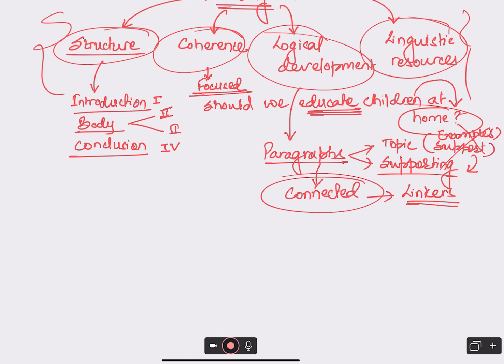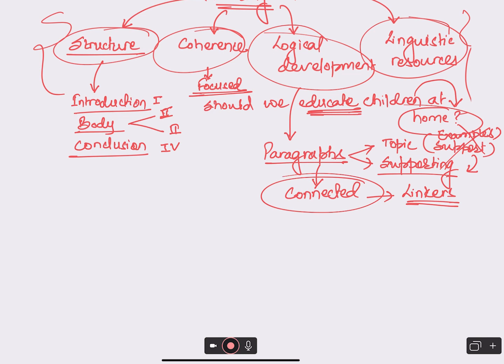This is one of the hardest criteria to fulfill because it in some way reflects how comfortable you are with the language and how familiar you are with different aspects of the language, how smoothly you can use different kinds of words in different contexts, how easily you can use topic vocabularies as well as uncommon words, how many structures you are using in your answer, whether you feel comfortable writing simple sentences, complex sentences, and so on. So you can see that these are the 4 elements which affect your written discourse score.